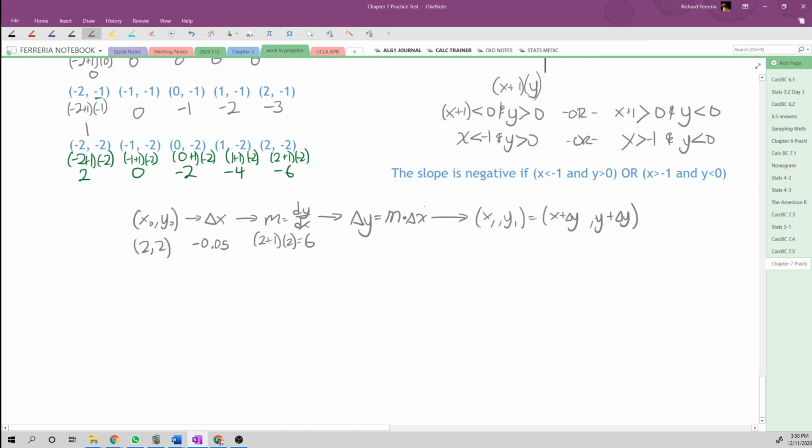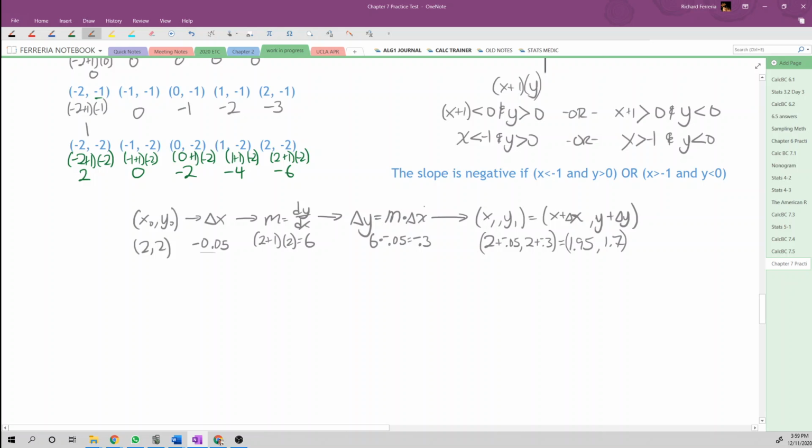Now our delta y is going to be 6 multiplied by negative 0.05. And lastly, we have x plus delta x and y plus delta y. And that gives me 2 plus negative 0.05. Delta x is right here. That's 1.95.